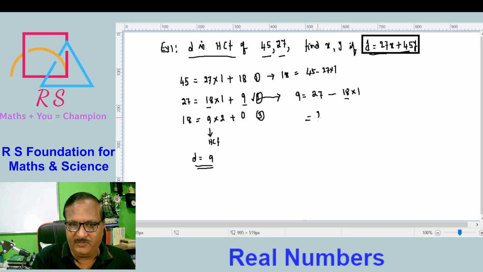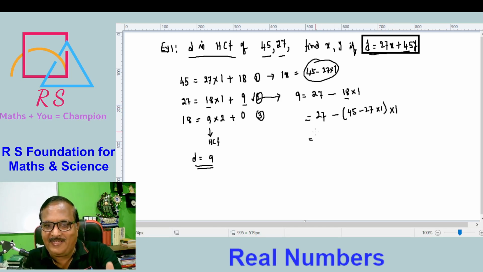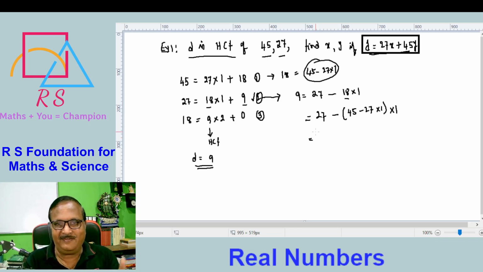So what I will do, 27 I will keep like this, and in the place of 18 I will write this value: 45 minus 27 into 1 into 1. I am not doing anything, I am just getting the final equation. D is equal to 27x plus 45y.